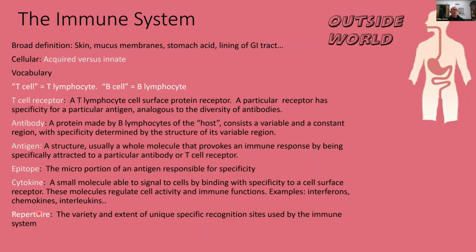And what we're getting at here is how the immune system makes a diverse enough repertoire that it has cells and antibodies that can respond to a huge variety of antigens. It's how that repertoire is generated that I'm going to talk about in the next few slides, I think.